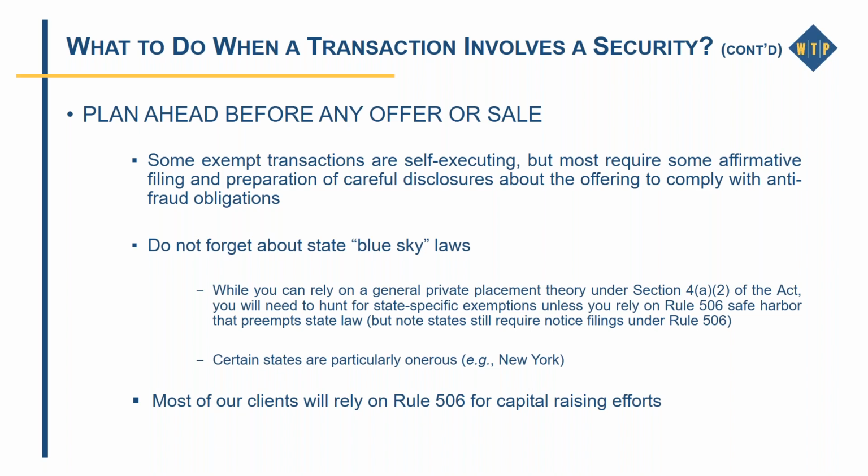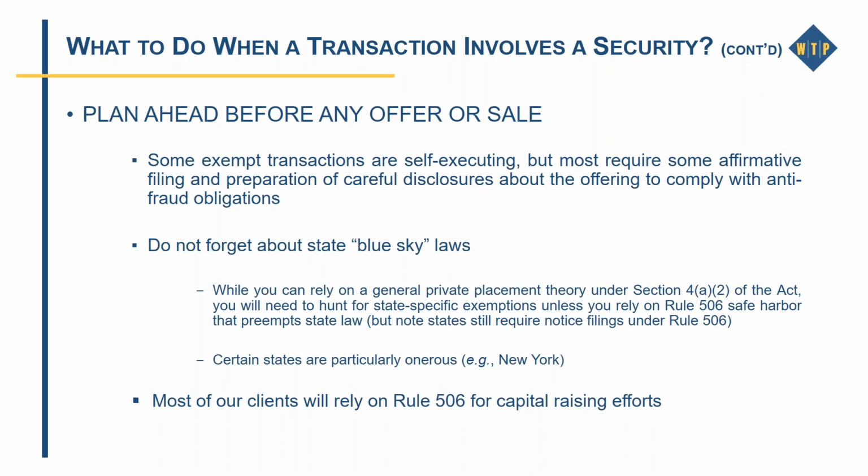Part of that planning is looking at the state laws as well. So you've got to remember that not only do the feds have a say in securities laws, but so do the states. So if you're selling to an investor in California, California's got something to say about that. And there are certain states that are particularly onerous in how they approach securities law. An example is New York.